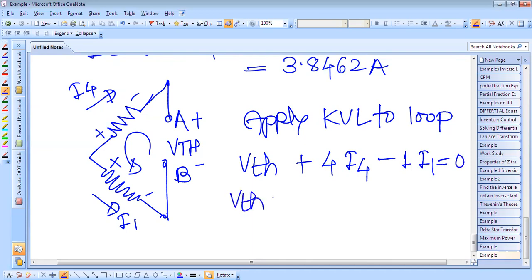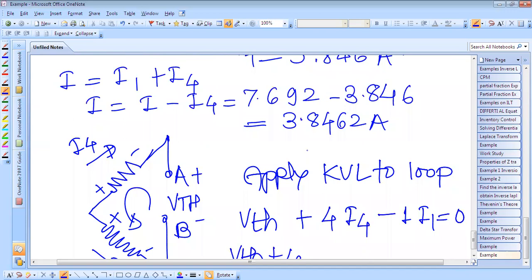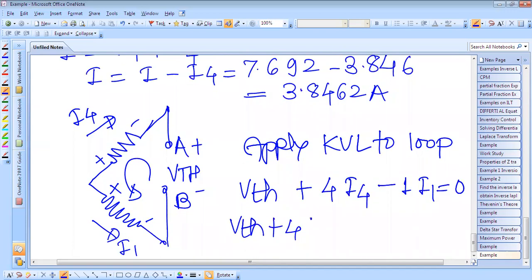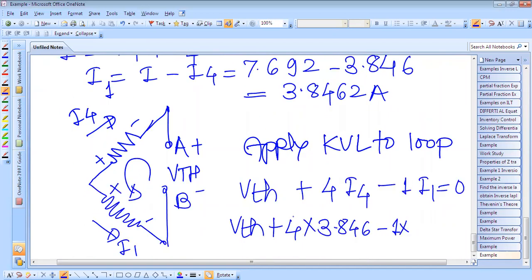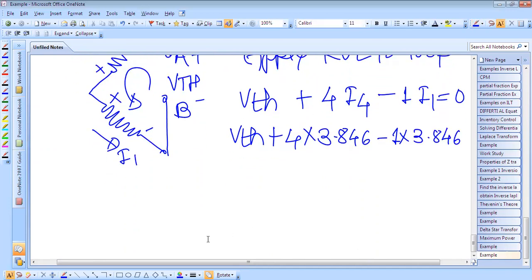So VTH is equal to, you know, the I4 value. I4 is 3.846. 3.846 minus 1 into I1. I1 value we just found. I1 is equal to I minus I4, so I1 is 3.846. Okay, so you can find this VTH.